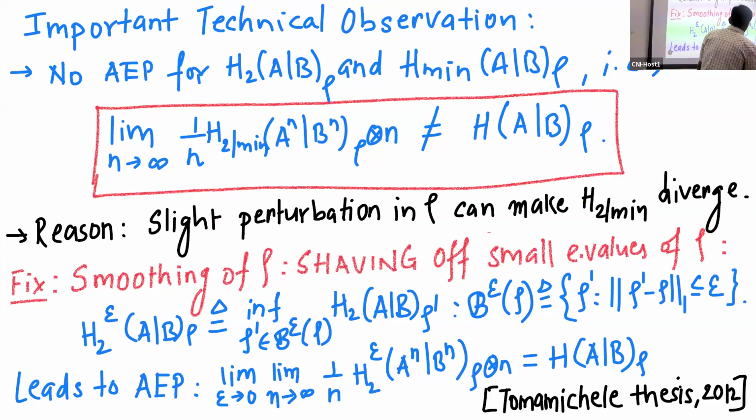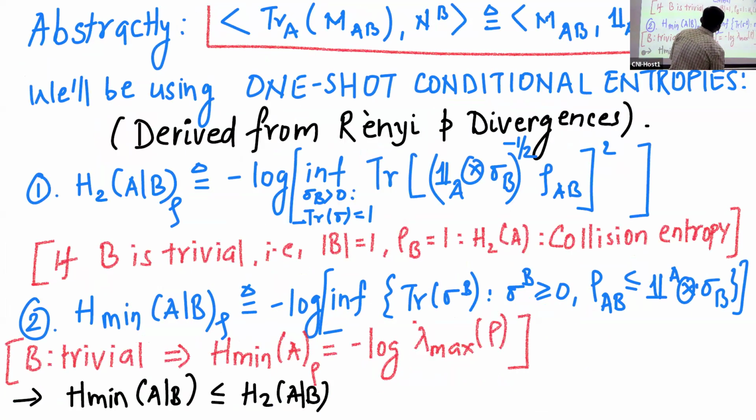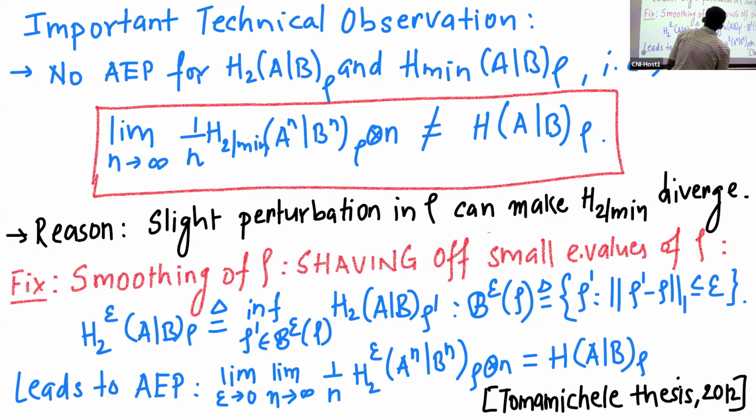Now, what do we want to do with one-shot entropy? Traditionally, the way one-shot information theory goes, even in the classical setting, is that first one tries to prove a one-shot result, then takes the asymptotic IID limit and shows that it converges to the underlying Shannon entropies. Suppose I want to see some asymptotic equipartition property for this quantity on rho AB.